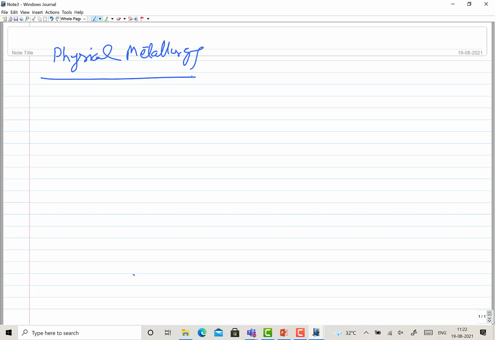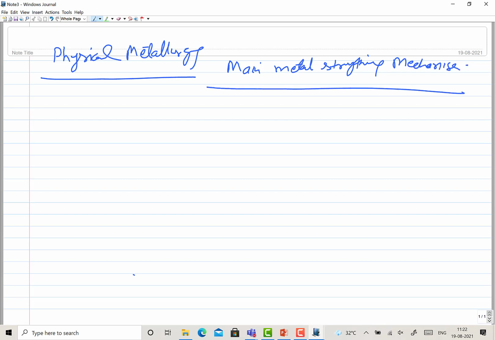So with regard to the physical metallurgy, first of all we have to see what is the main metal strengthening mechanism of the metal which is to be joined. The main metal strengthening mechanism is the one based on which a given metal, which is to be joined by a solid state joining process, has been strengthened.